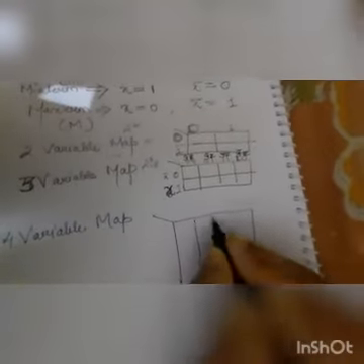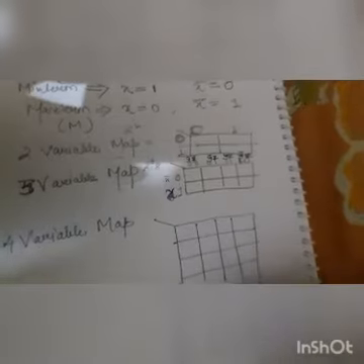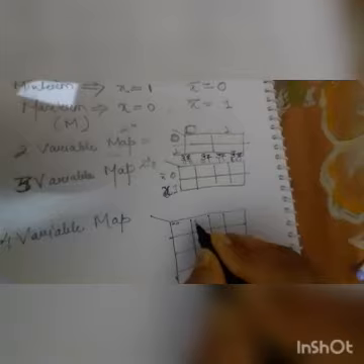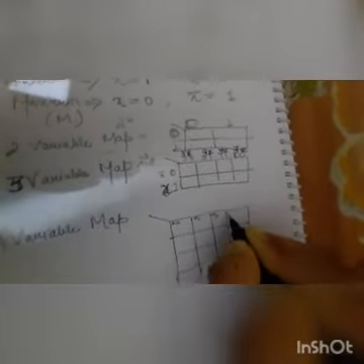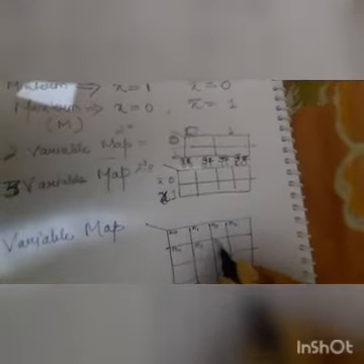In a 4 variable map, there will be 16 cells. We can write it like this, as a shortcut. I am telling you not to forget M0, M1, then M3 and M2, M4, M5, M7, M6. This is a rule.